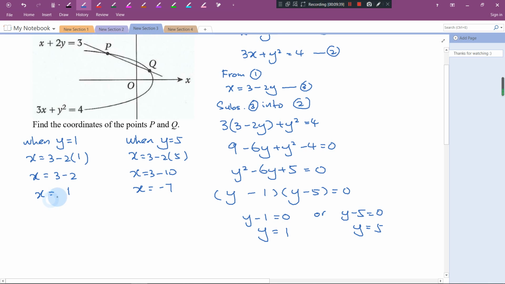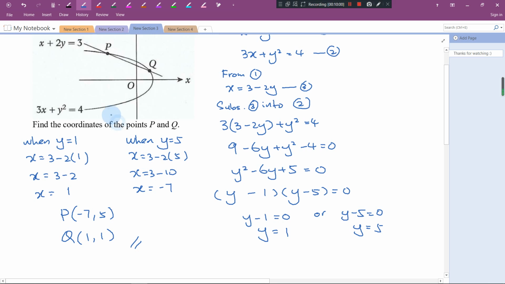Now don't stop here. We need to write the coordinates for P and Q. So P has a negative x, so we know P must be this one, and Q must be this one, (1, 1).